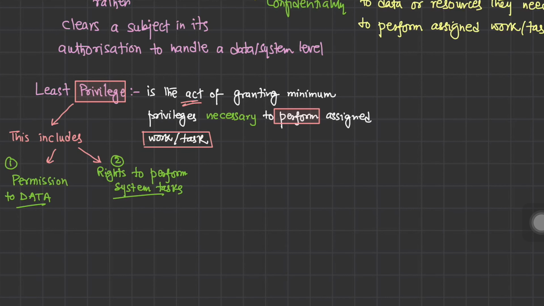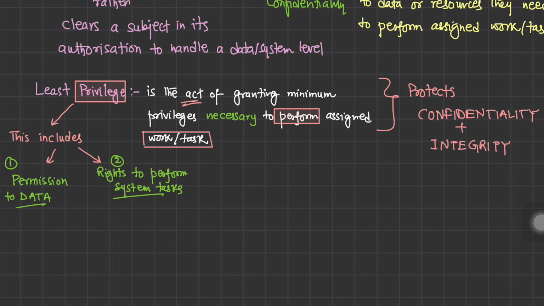As I have already explained in the last principle, when we talk of privilege, this includes permission to data and rights to perform system tasks, right? If you look closely, both sub-privileges inside the privilege refer to the confidentiality and integrity part of the CIA triad, right?